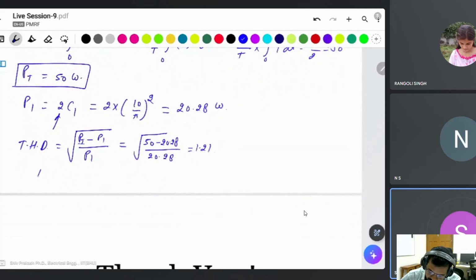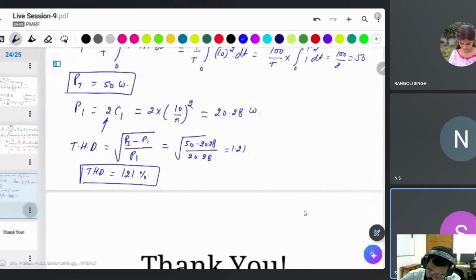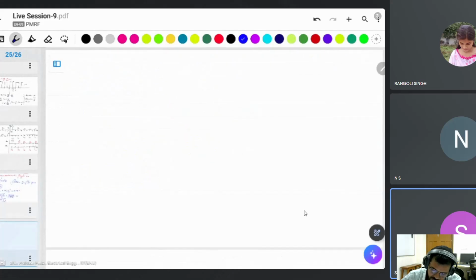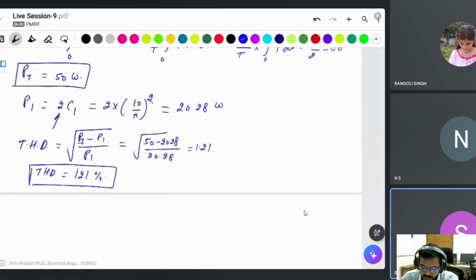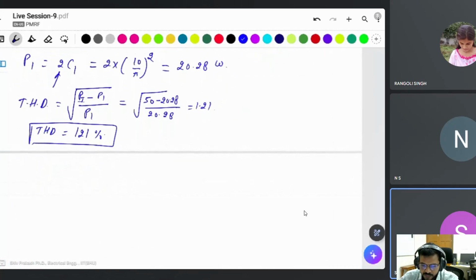It means THD is 121% of the total. RMS, you know about the RMS, it is the root of P, root of 50, it will be 7.07.